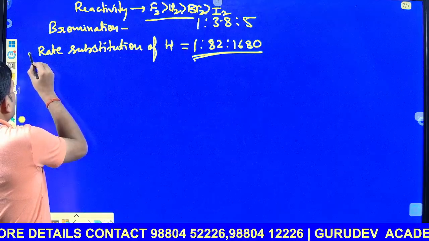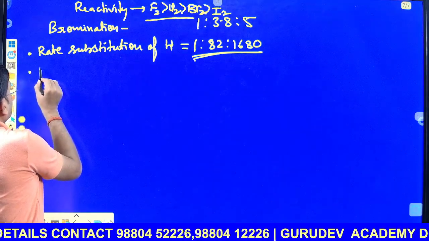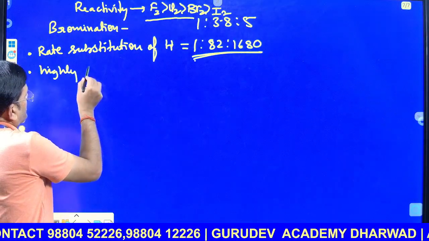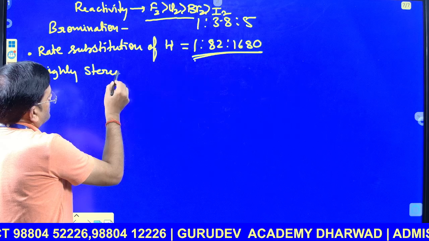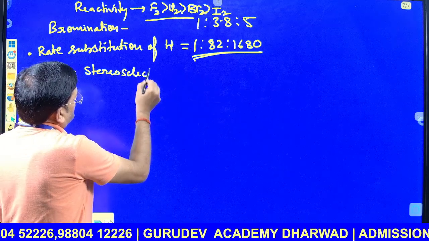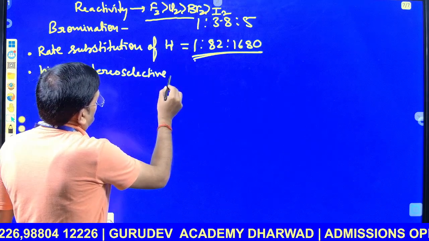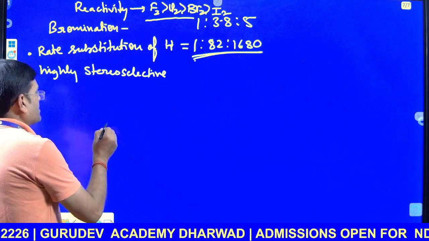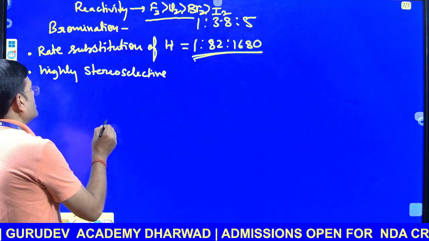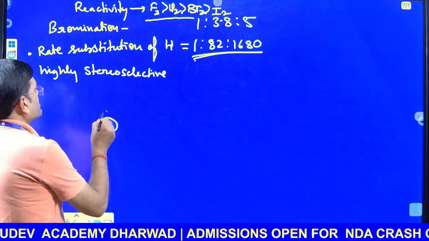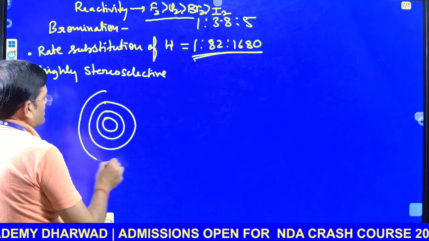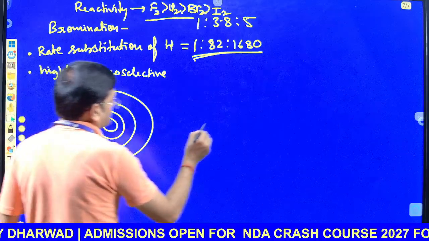What is important in bromination is that it is highly selective, highly stereoselective. If you are not getting the meaning of these two, I will just take an example. Suppose we are having some concentric circles like this. Getting?